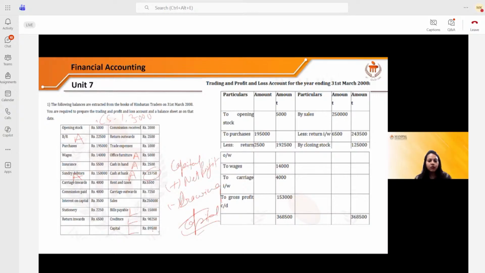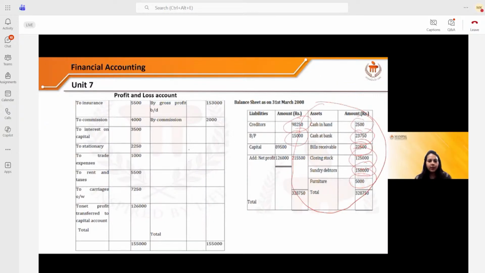Capital is 89,500 and net profit is 1,26,000. So the total capital is 2,15,500, and both side totals are equal. If the balance sheet amount is equal on both sides, then your answer is correct. So just focus on the format. Let me take the query again.